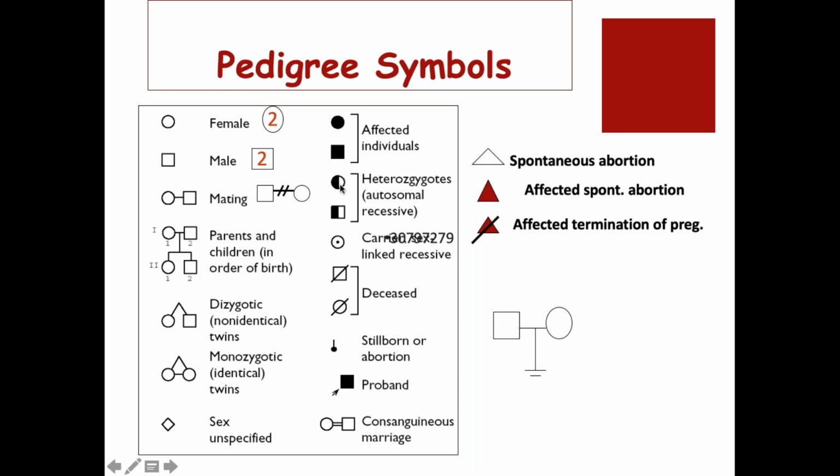But whenever they are carriers of an autosomal trait, you half shade them. And these are then called carriers. You know that this is a carrier for an autosomal disorder, while with a dot, this is a carrier for an X-linked disorder. Very, very important. So these are individuals which are affected.